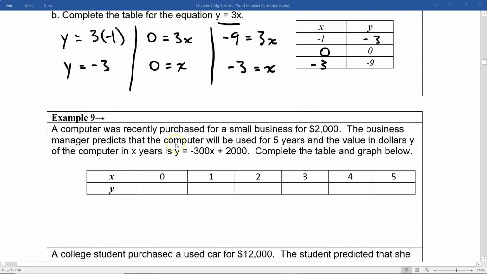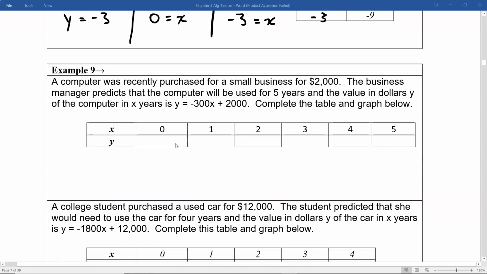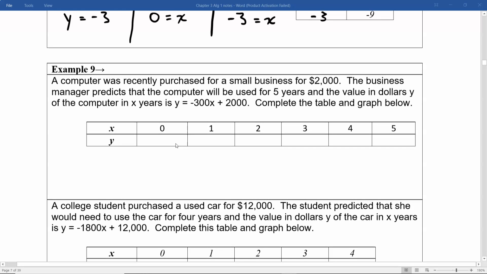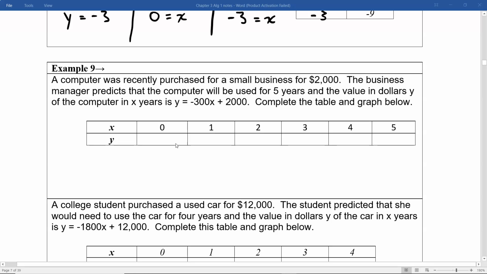And now let's move on to something that combines both word problems and tables. So these word problems are not as bad as you may think originally. This is just saying the computer was recently purchased for a small business for $2,000. The manager predicts the computer will be used for 5 years and the value in dollars y of the computer in x years is y equal to -300x plus 2,000.